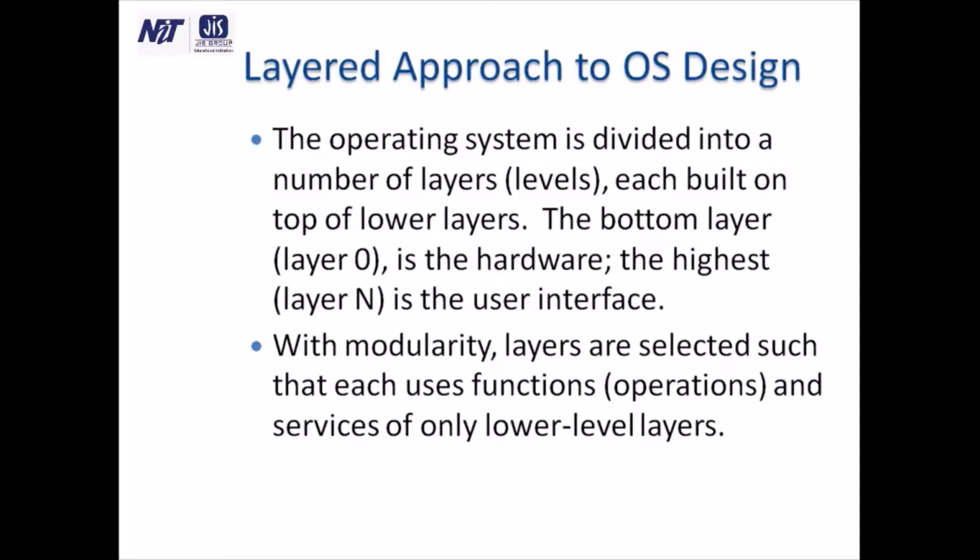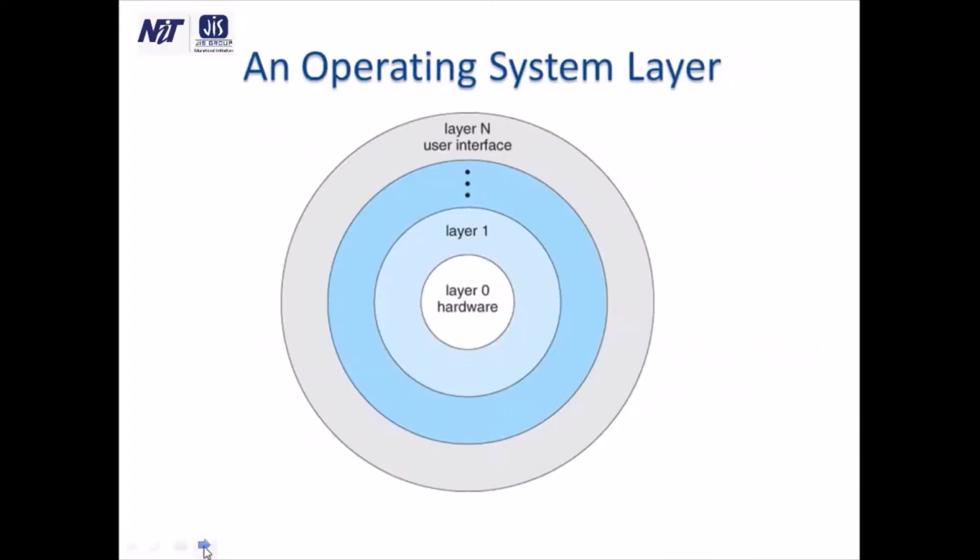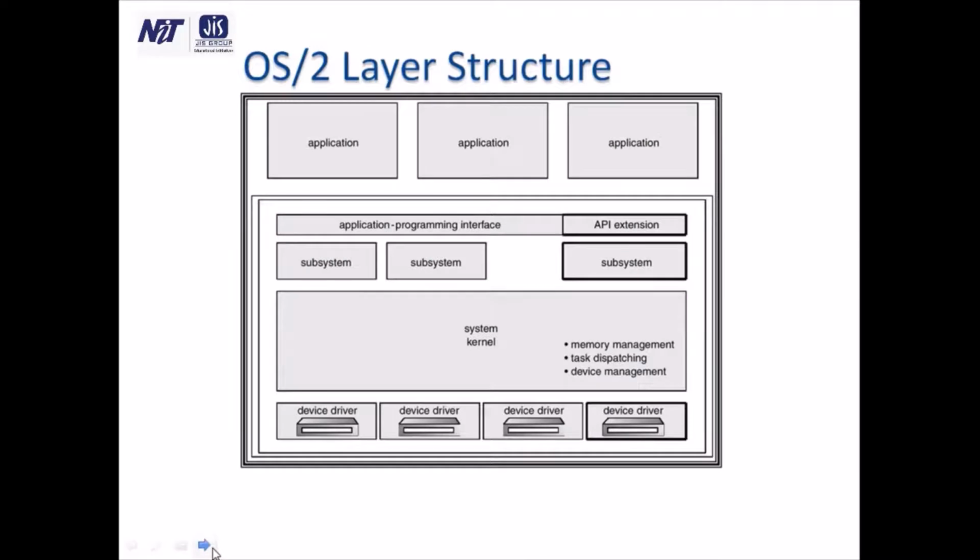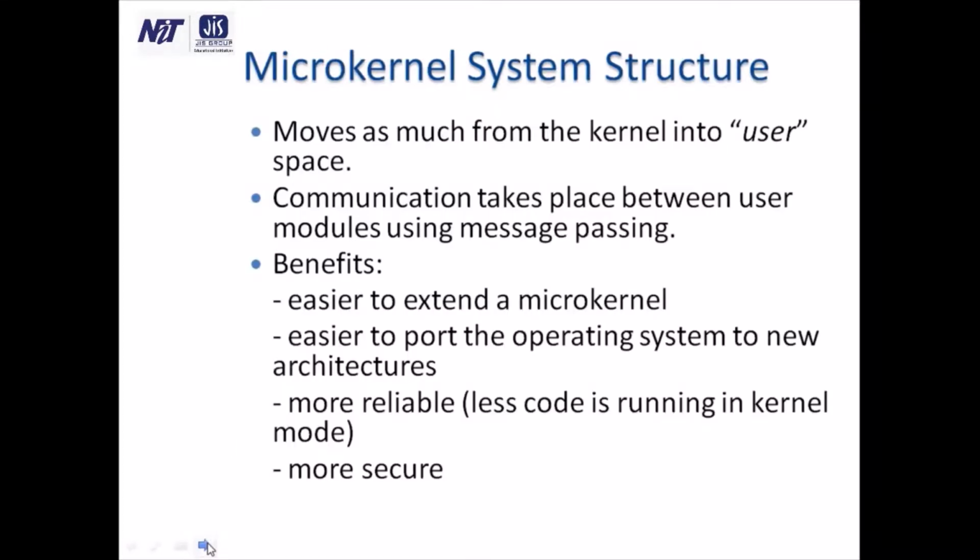With modularity, the layers are selected in such a way that each uses functions and services of only the lower levels. So level 0 is the hardware, then the operating system, application software, okay, then the user interface. This is another layer structure.